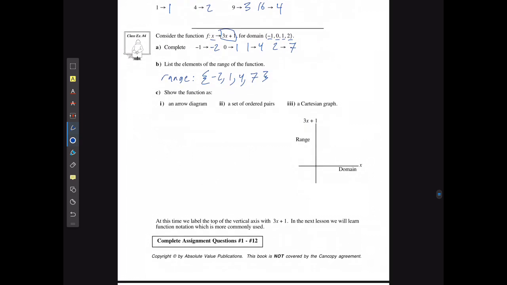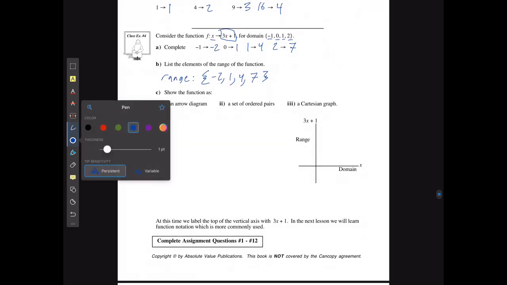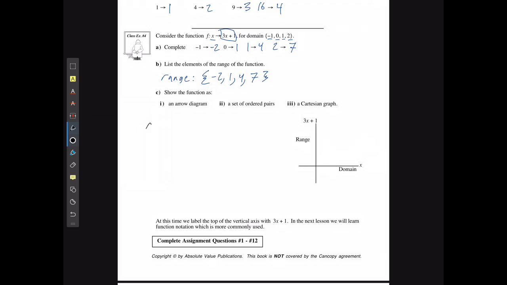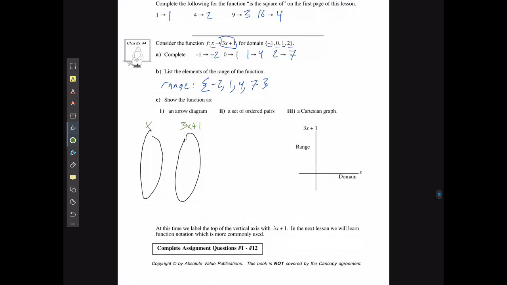If I'm showing this as an arrow diagram, I'm going to draw my two circles to represent the sets. I'm going to say that this set is represented by x, and this set is represented by 3x plus 1. And then I'm going to list out numerically my x values.